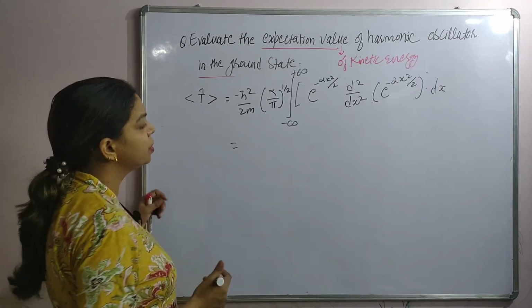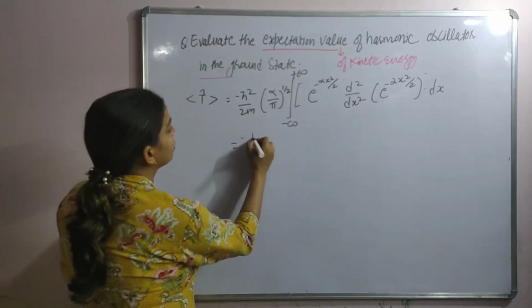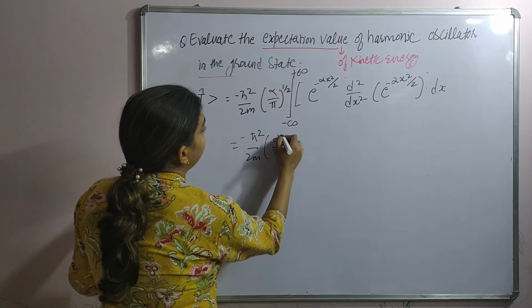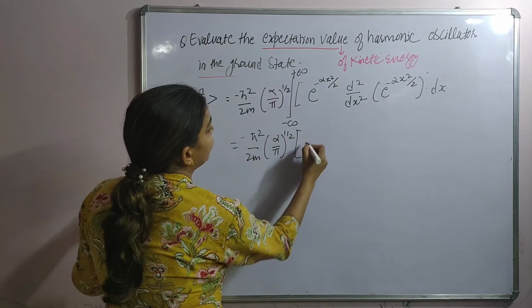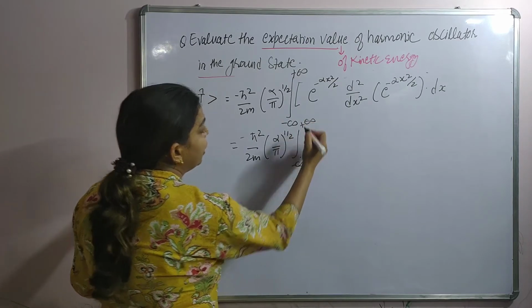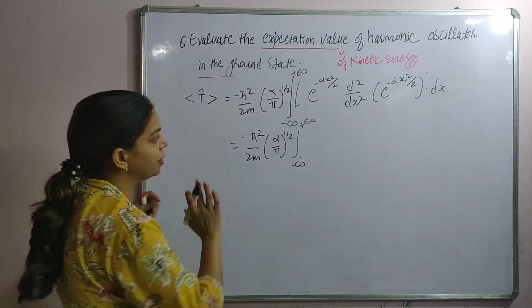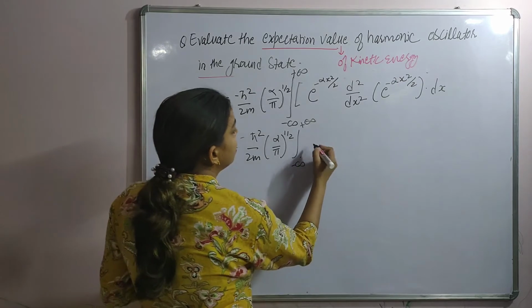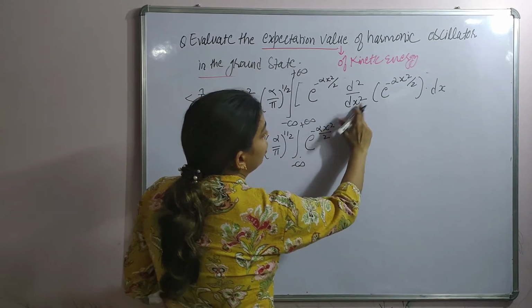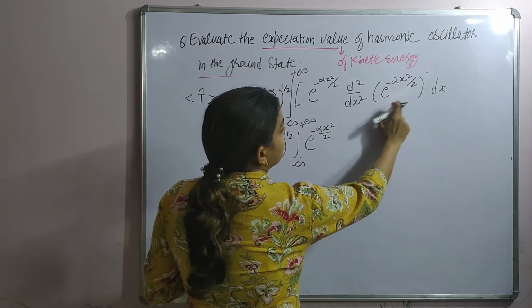So we have this term, (alpha by pi) raised to power 1 by 2, minus infinity to plus infinity. I have taken maximum limits because limits are not given in this question. e raised to power minus alpha x square by 2. So differentiate this factor twice.